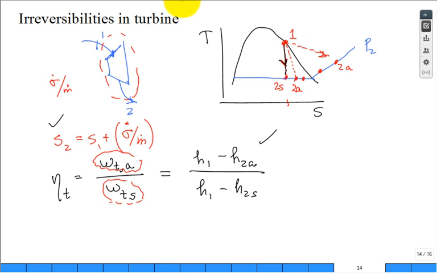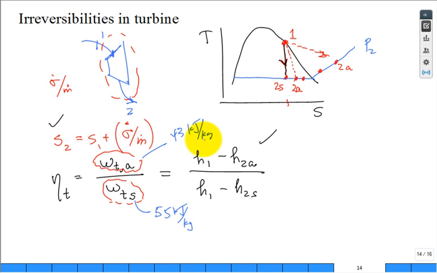Maybe you compute this to be, I don't know, 55 kilojoules per kilogram, and maybe this is 43 kilojoules per kilogram. And then you can calculate the isentropic efficiency. Or sometimes you're told that the isentropic efficiency is so much.